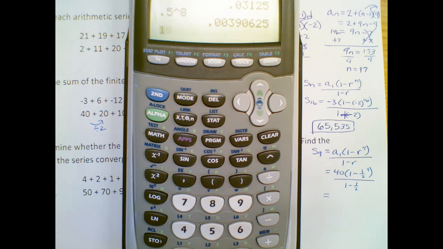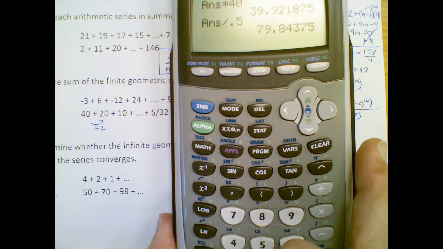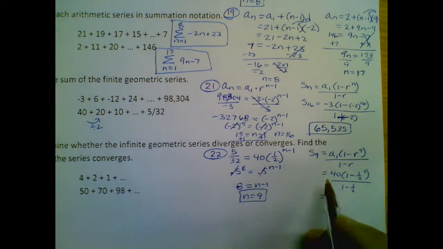So 1 minus, I'm going to put instead of a half, 0.5 to the 9th power, and then take that times 40, and then divide it by our denominator, which is 0.5. And we get 79.84 if I round to the hundredths spot.